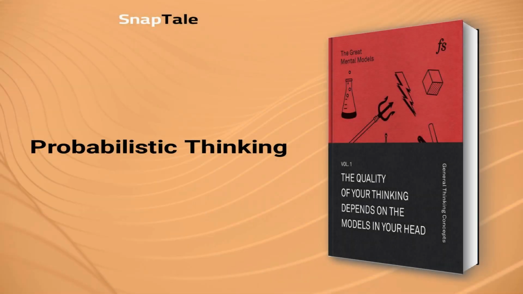Probabilistic thinking. The key message of this passage is to use probabilistic thinking to make more informed decisions. The author advises against overreacting to second-order consequences, explaining that the best way to assess potential consequences is by weighing their probabilities. Bayesian updating is introduced as a helpful approach to this.